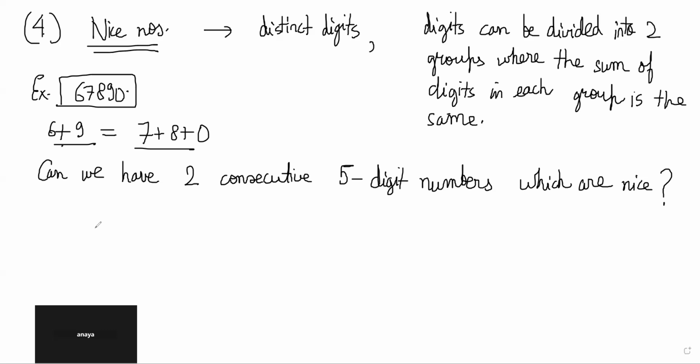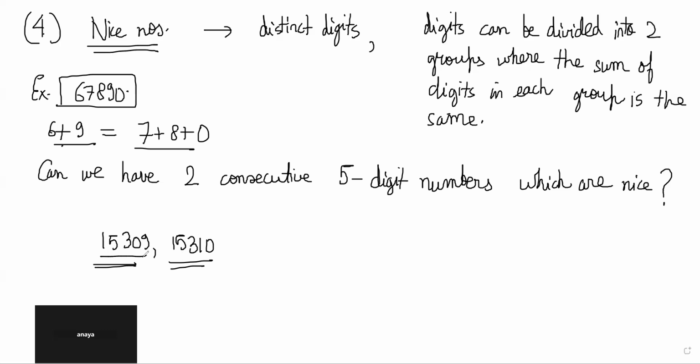And then I just experimented a bit and I got numbers like 15310 and 15309 as two consecutive 5-digit numbers which are nice. And then like 24309 and 24310, stuff like that.